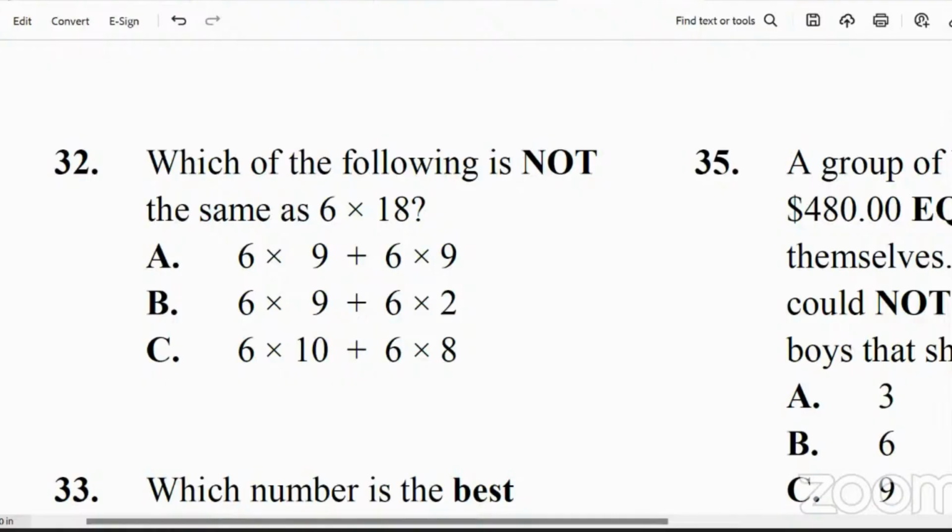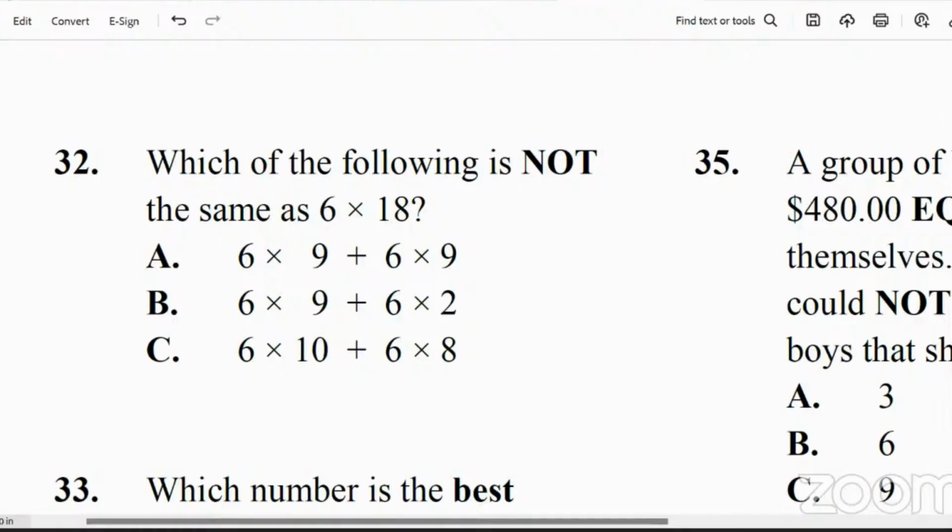If you know what you're doing, you would have known exactly what the answer is. But if you are not sure, then you might need to do this step by step, which is try to find out what is 6 times 18, and then try to do these options and see which of them give you the same answer, okay? So we'll do it that way.